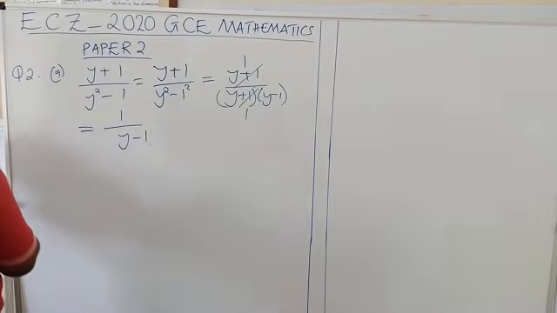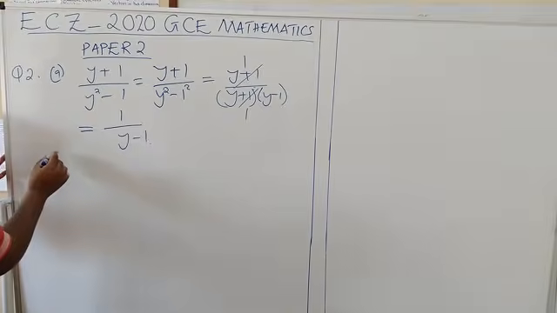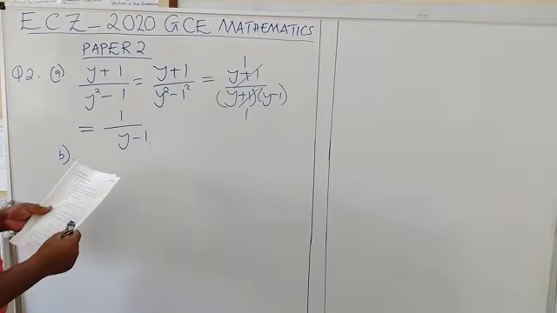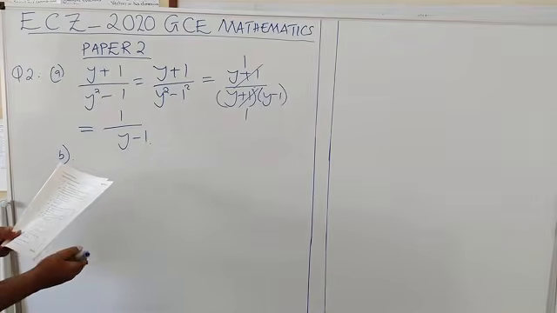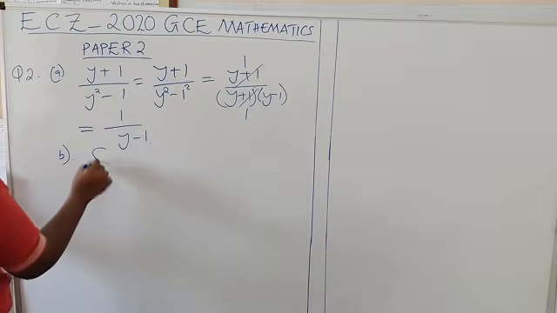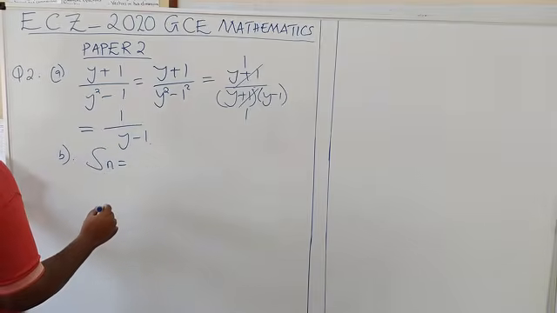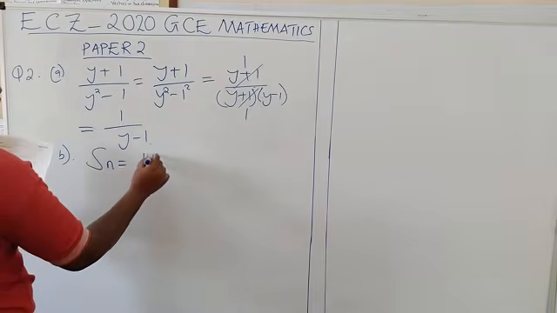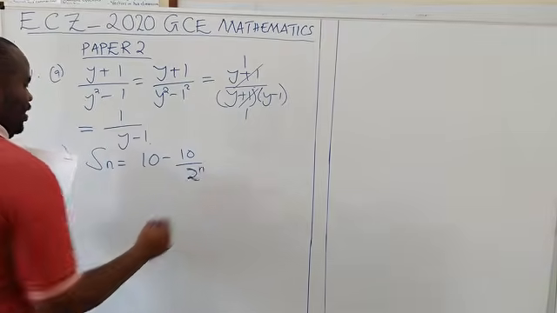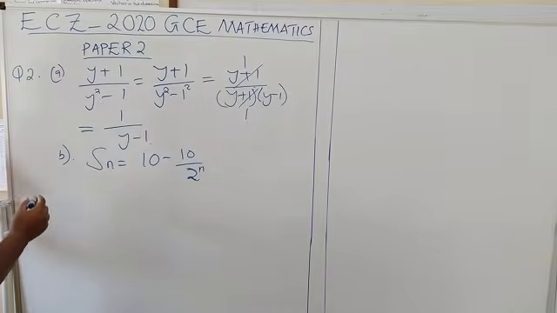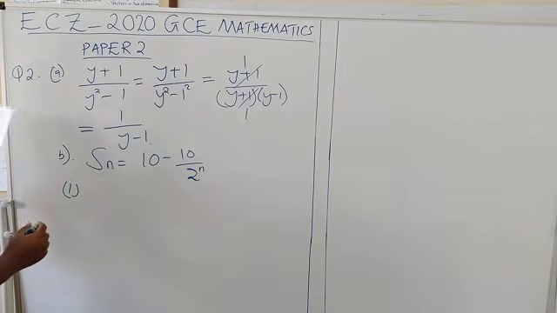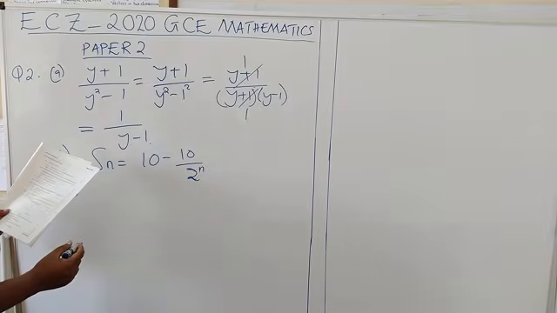So we go to B. We are saying the sum of n terms of a GP is given by Sn equal to 10 minus 10 over 2 to the power n. Roman numeral 1: find the sum of the first 4 terms.